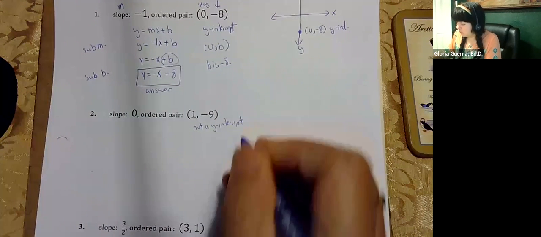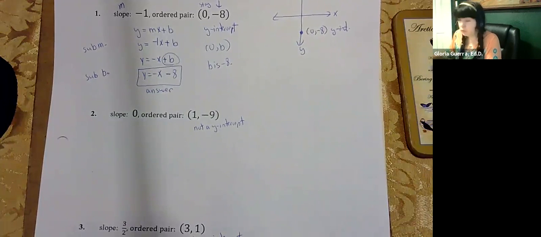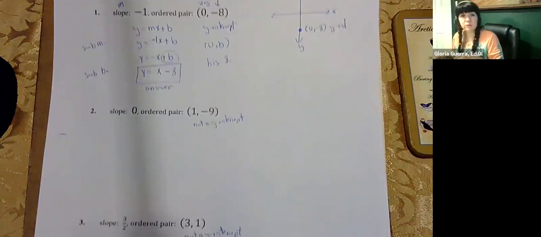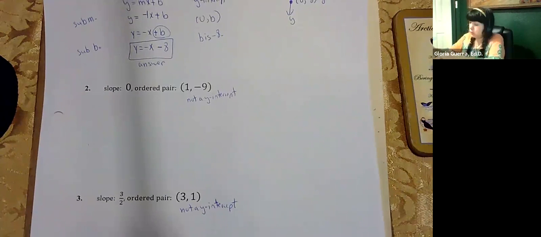This one's not a y-intercept. So we'll have to do some work on those. Okay, so your slope in number 2, your slope is 2.